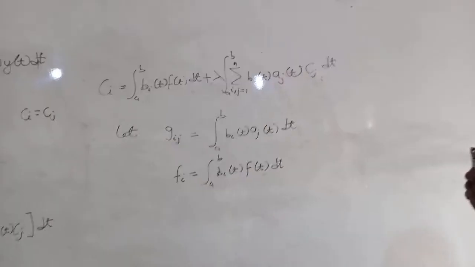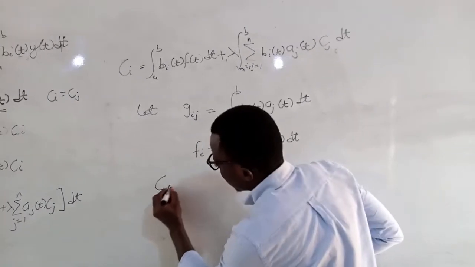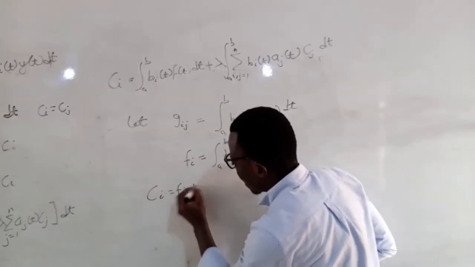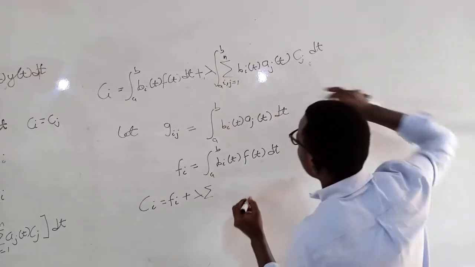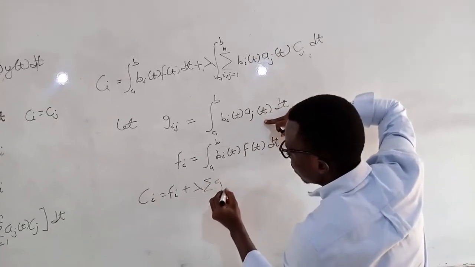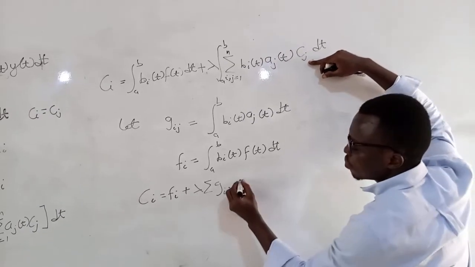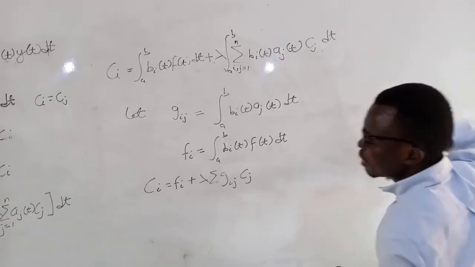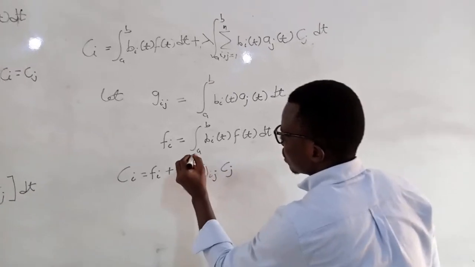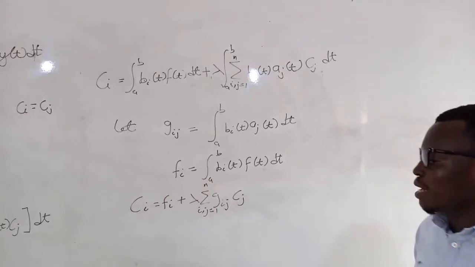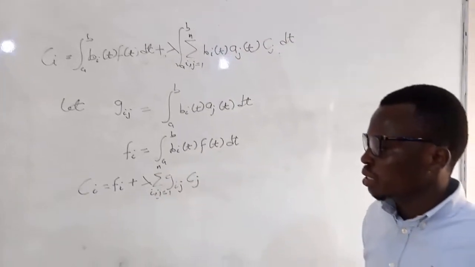Now let's rewrite this equation. I'm going to have ci to be equal to fi plus lambda summation of aij, then cj, i, j equal to 1 to N. By tensor summation, since this one is a tensor, I can easily drop the summation sign.